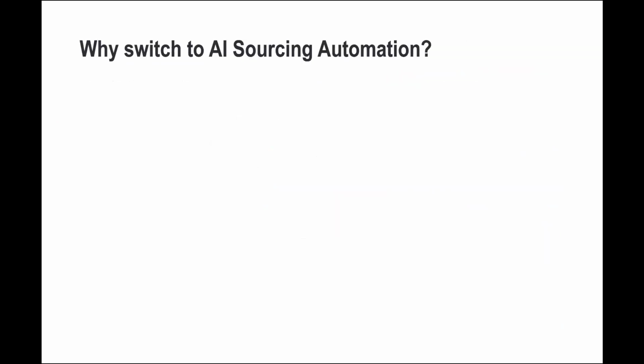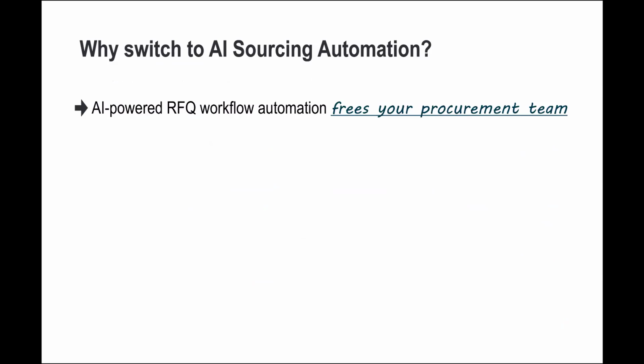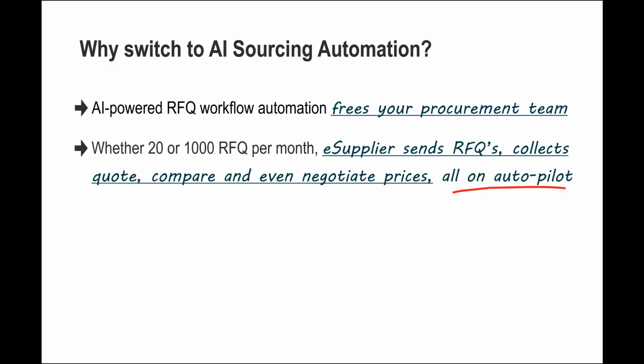So why switch to AI-based sourcing automation? Let's try to discuss that a bit. As I said, it does a lot of RFQ work at high speed, autonomously, and that frees your procurement team to do a lot of high value or core procurement and supply chain tasks.